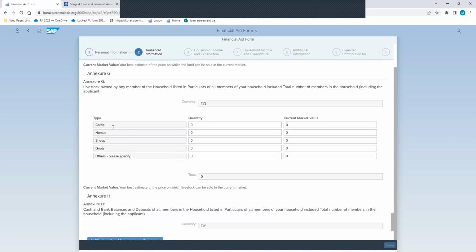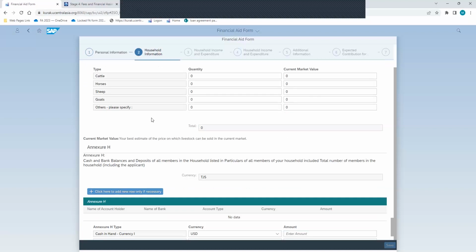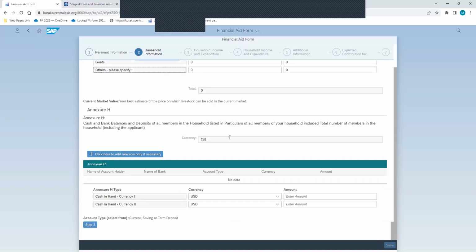It's indicated here, showing that maybe you own some horses, sheep, goats, cattle, usually in rural areas. In my case, I'm an urban applicant and I don't have anything to fill. You can write down if you do have cattle or sheep or chickens; you need to specify here.